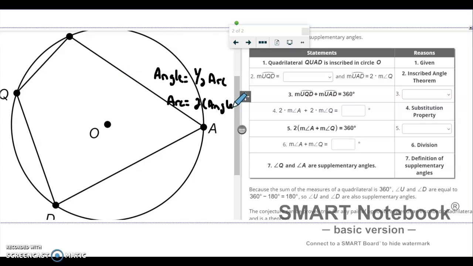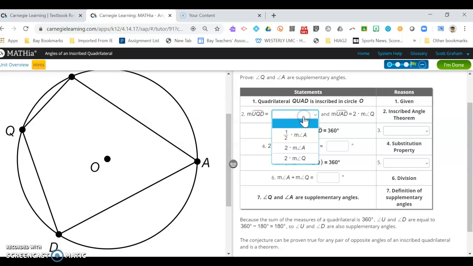So if we're looking at this arc UKD, the measure of arc UQD should equal twice the measure of this angle right here, which is UAD. In this case, it's twice the measure of angle A. And we got the check mark there.